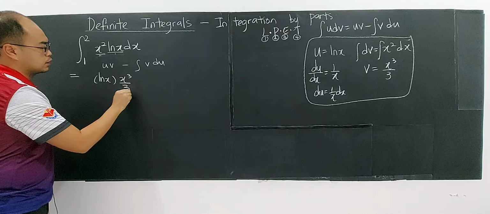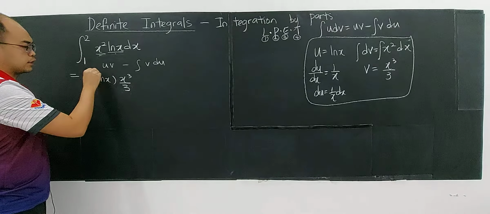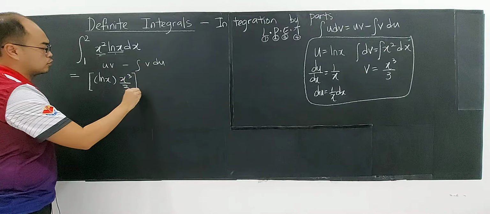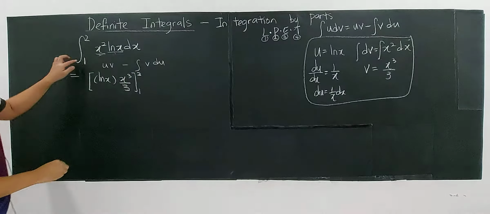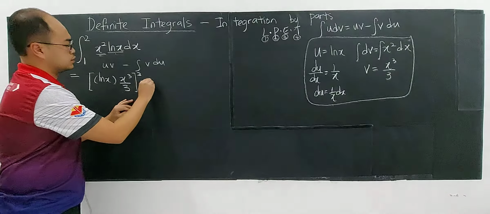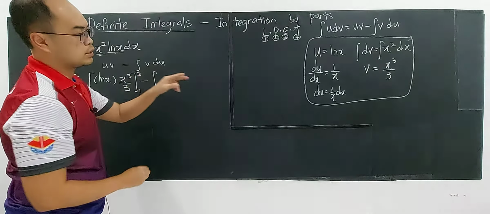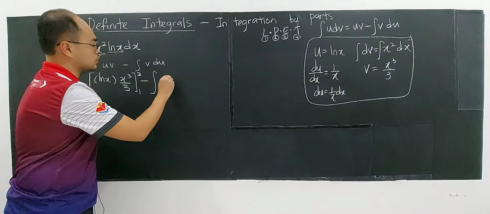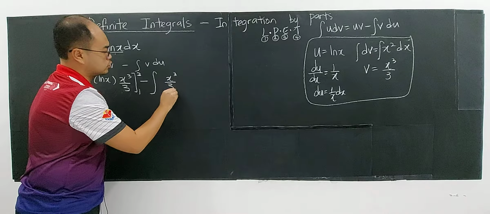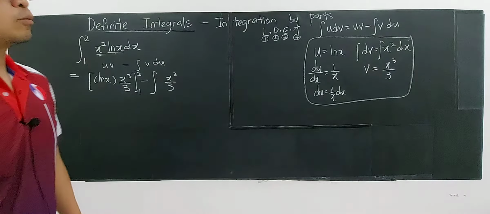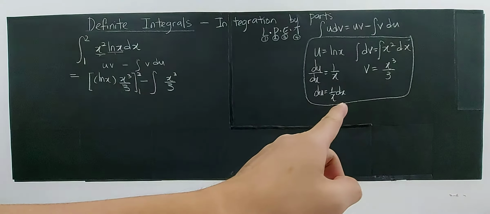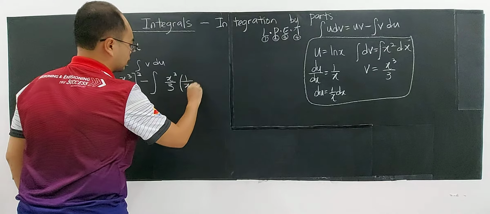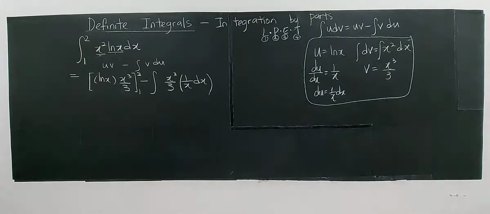As this is already integrated, there is no integral sign here, so you can directly put the limits from 1 up to 2. The remaining integral is v du, where v is x cubed over 3 and du is 1 over x dx.